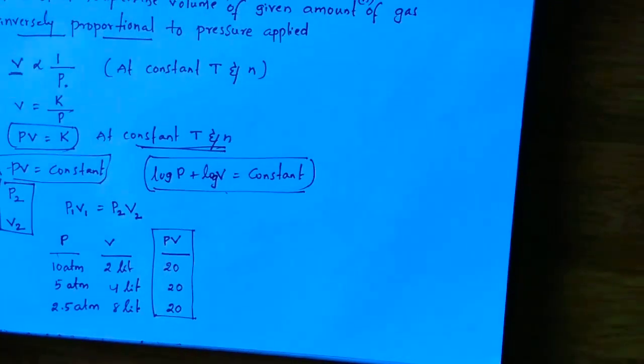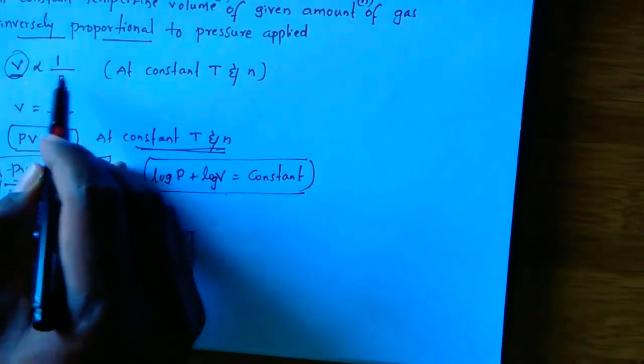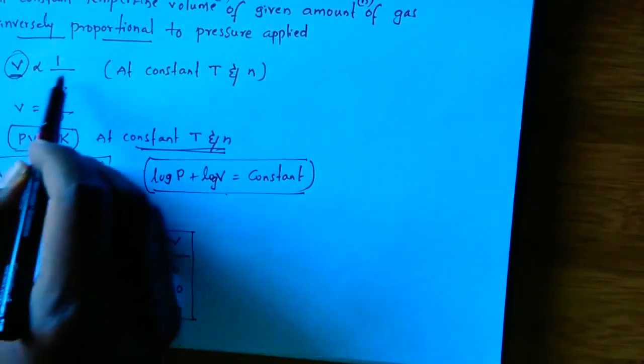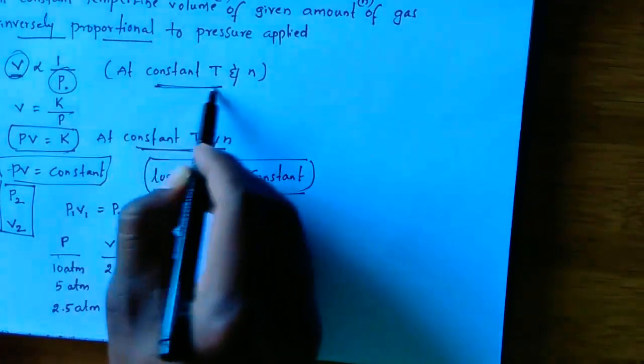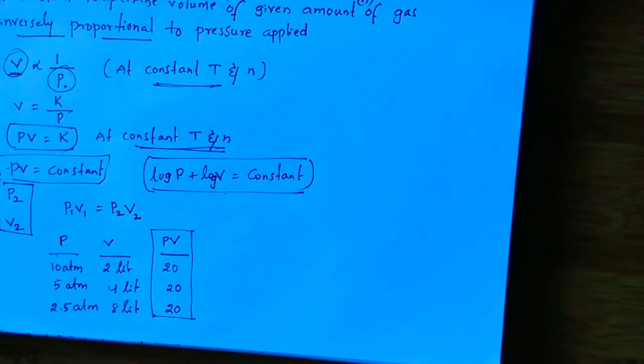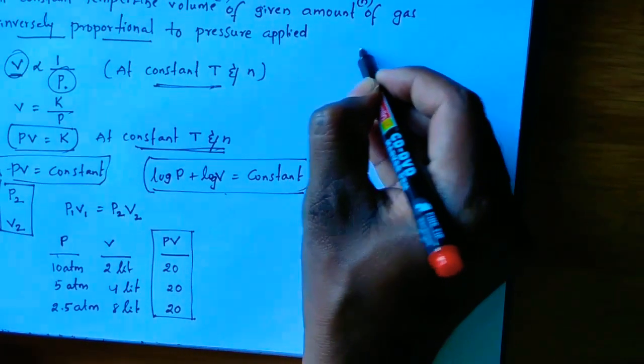Here is how the graphs are plotted between volume and pressure at constant temperature. The graphs drawn at a constant temperature are called isotherms.